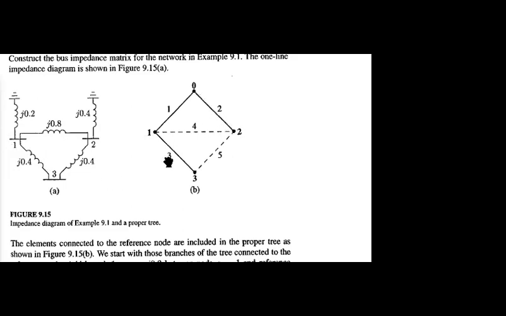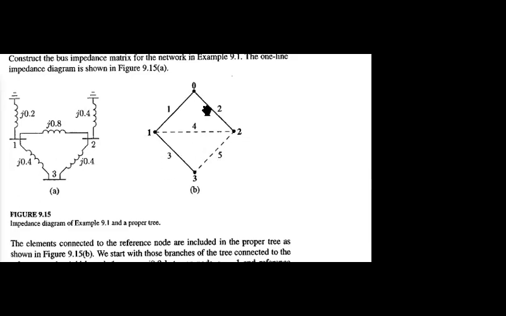And between 1 and 3, we have third branch. And between 1 and 2, the fourth element is the link. It is not the regular branch. Okay, link element. This impedance is the link element, and this one also. So this is the tree diagram corresponding to impedance diagram.